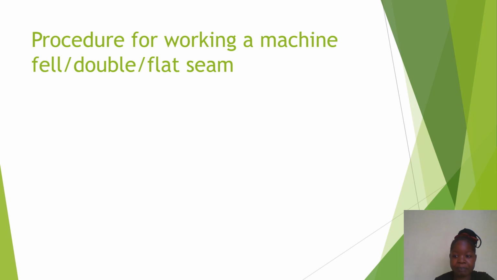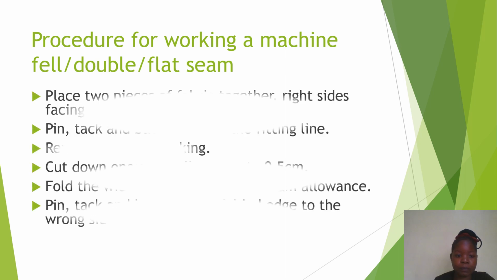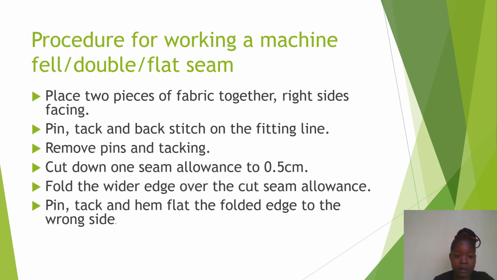Let me go through the procedure of the machine fell seam. We place two pieces of fabric together, right sides facing, pin and tack and back stitch on the fitting line, remove pins and tacking, then trim the back garment to 0.5 centimeters.